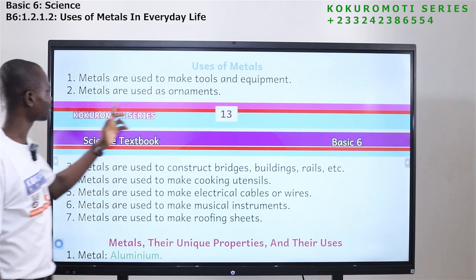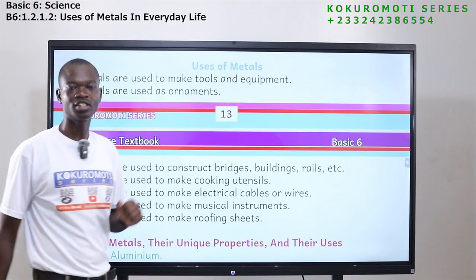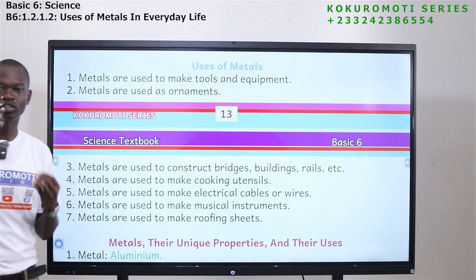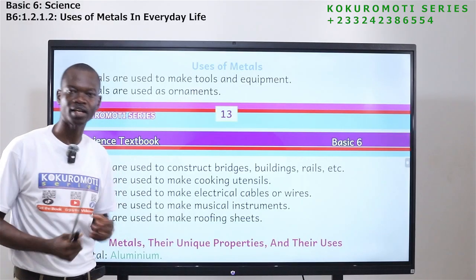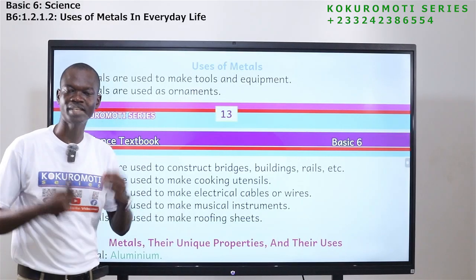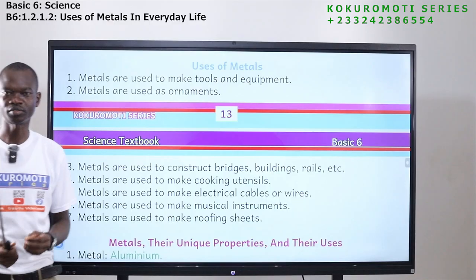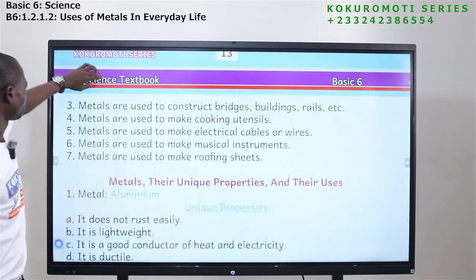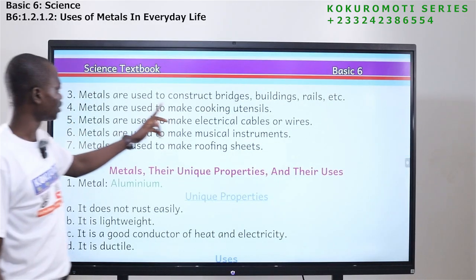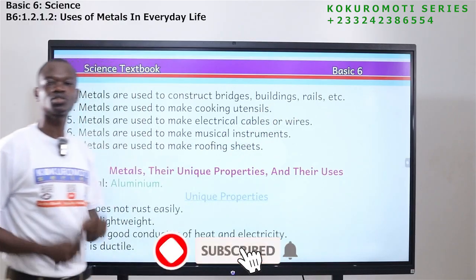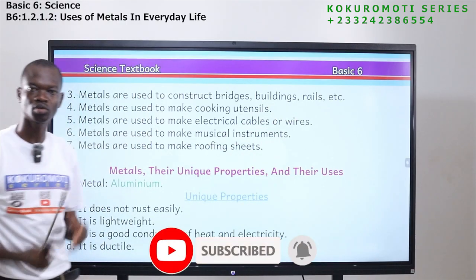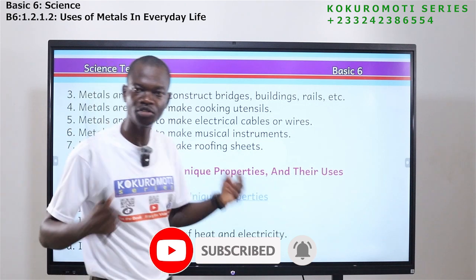The next one is that metals are used as ornaments. So we use metals like gold to decorate places, to decorate things, like copper to decorate places, to make things attractive and more beautiful. Okay. 3. Metals are used to construct bridges, building, roads, and the rest. So if they want to construct a bridge, they use metals.